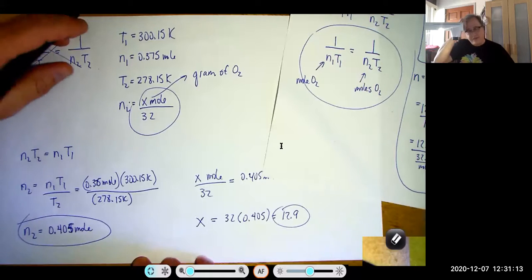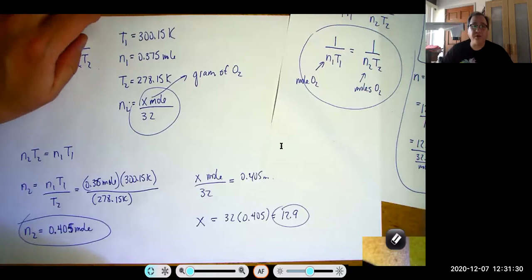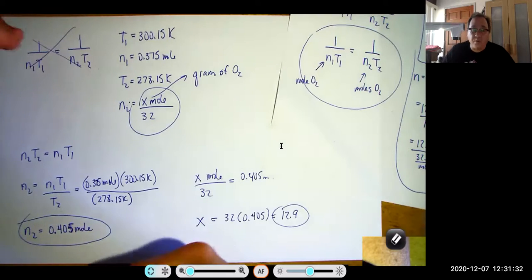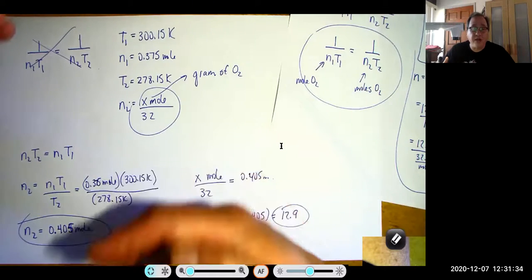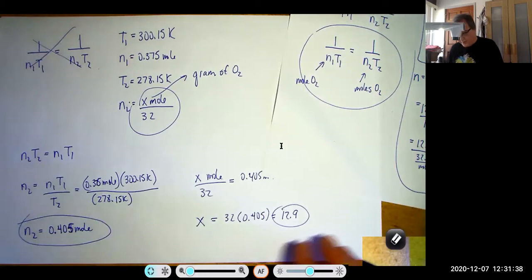Now we have to ask ourselves, does it make sense that you need more oxygen at a lower temp to get the same size? And the answer is yes, because more grams will mean that you'll have more moles. Colder temperature means you'll have less energy. And so when you combine the less energy plus the more molecules, you should equalize the pressure and get the same volume.